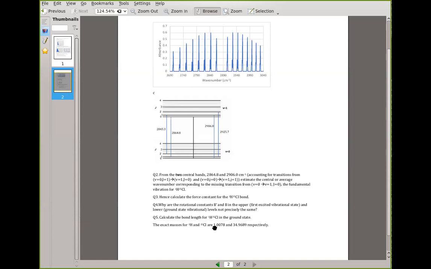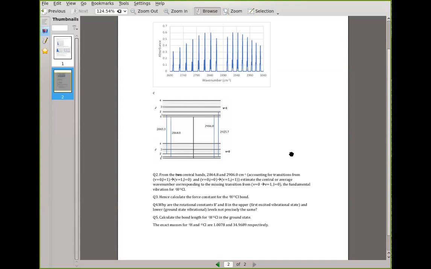If you look carefully at this jump here, it's not the same as this jump over here. Going from level 1 to 2 is not exactly the same as going from level 1 to 2 up there. Why might the spacing between these lines, in terms of rotational energy levels, be slightly different?